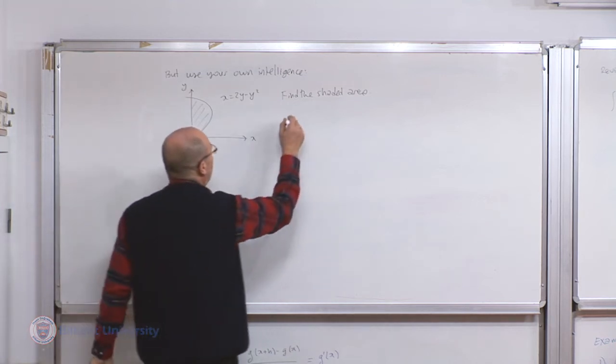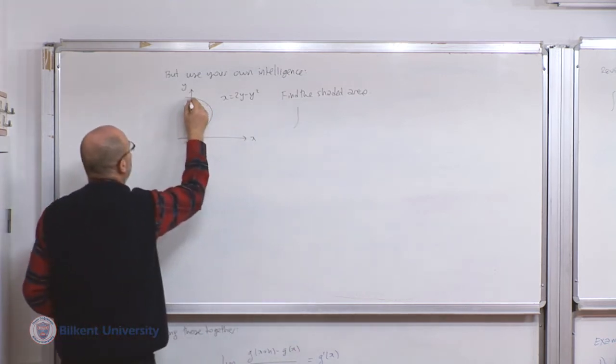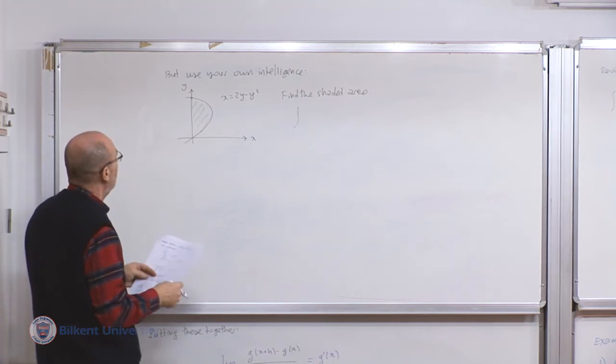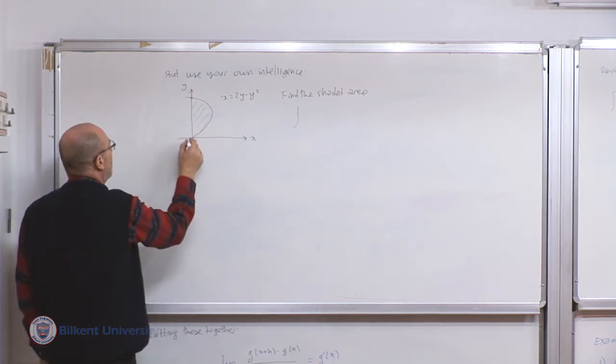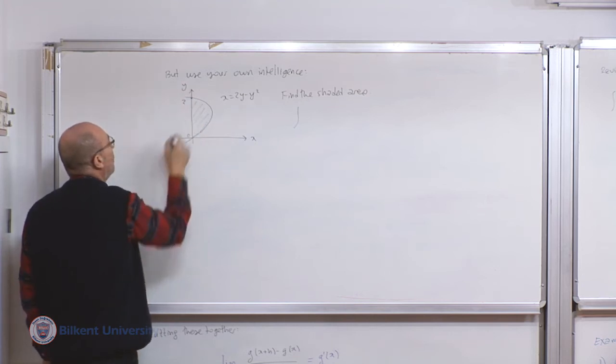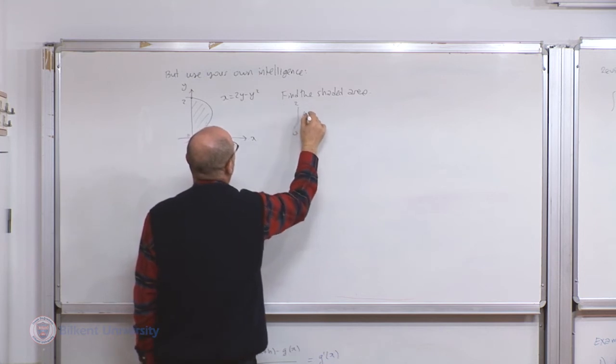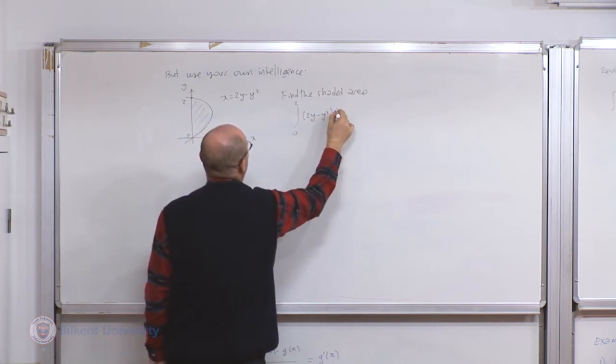So what is this number here? I didn't write it here. When x is equal to 0, y is 2, right? So this is 0, this is 2. So integrate from 0 to 2, 2y minus y squared dy.